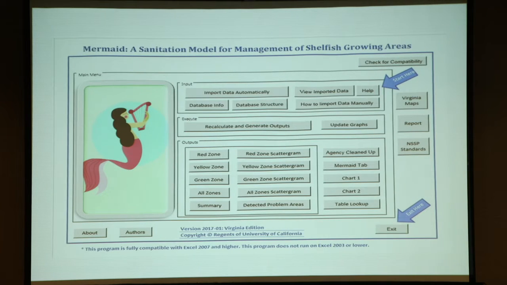Now, a third model is called Mermaid. Mermaid was specifically designed to work on calculated data sets where you only are supplied with geometric mean estimated 90th percentile values and operates under the direct rule method. And under this method, fecal coliform concentrations are used directly to establish open and closed status.